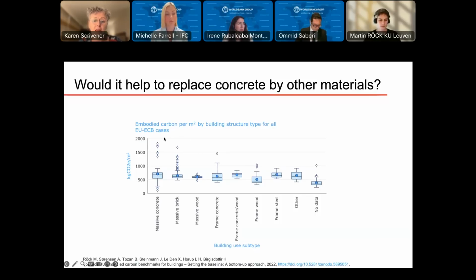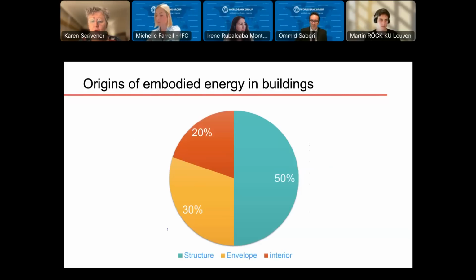But particularly in the concrete case, we have tremendous dispersion. And there are some good reasons for this. Of course, you don't have to use as much concrete in a low-rise building as you do in a high-rise building. But it also highlights the fact that there's considerable room for improvement. And this is really what we need to focus on, the tremendous potential for improvement.